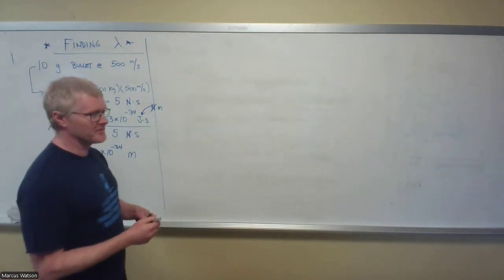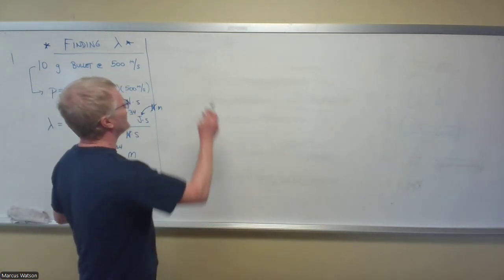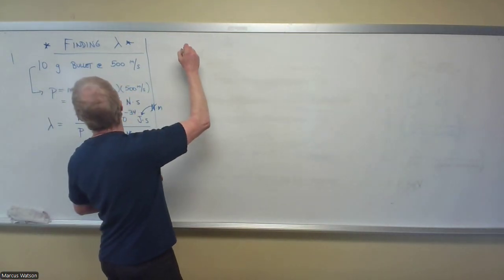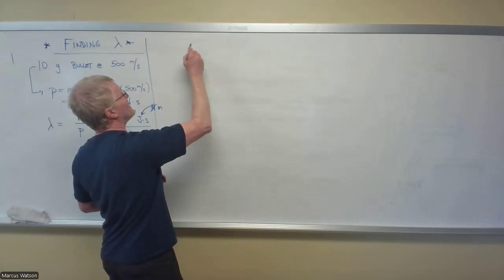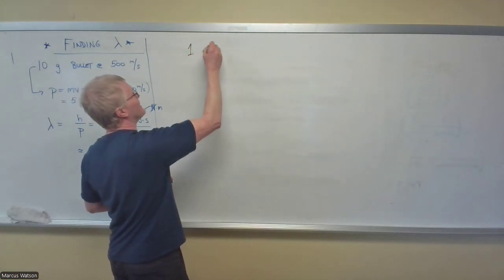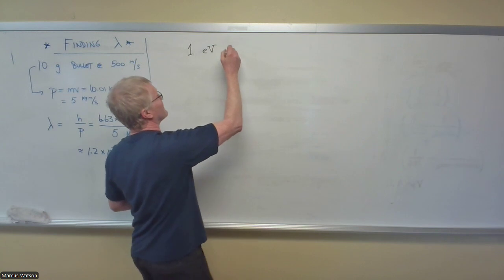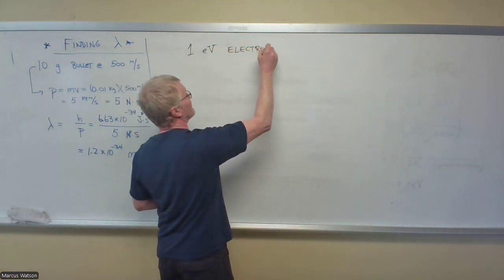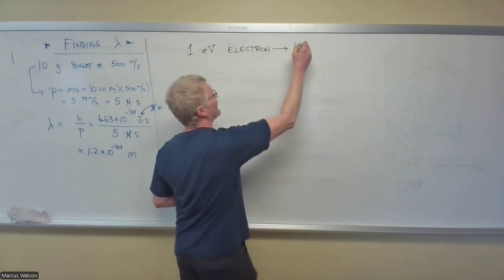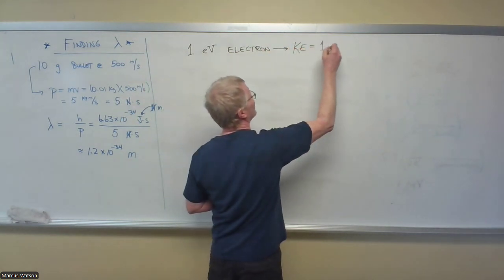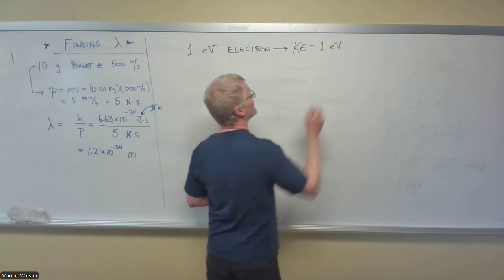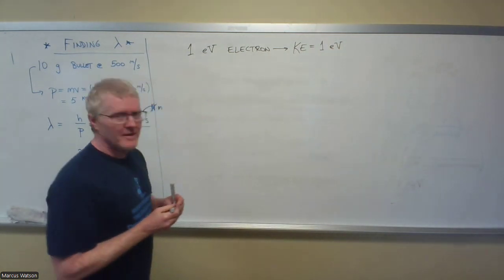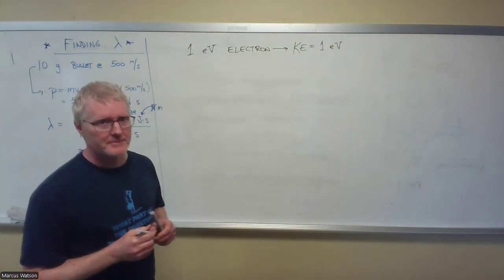Actually, when I said faster speed, I guess I meant slower speed. So let's now look at a 1 eV electron. In other words, the kinetic energy of the thing is 1 eV. That's a much smaller bullet.